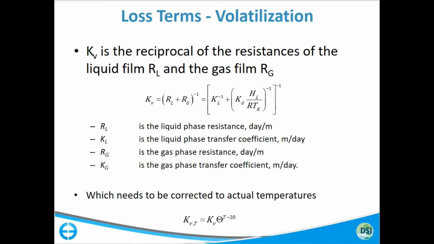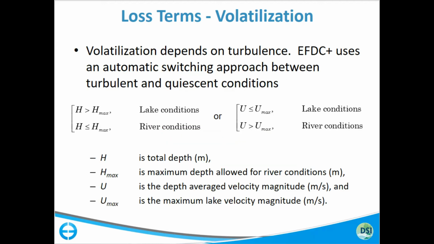Then there's a film on the gas phase and a resistance there. So as the resistances go up, because this is the inverse, your mass transfer rate would go down. And that is equal to this term here, which is your transfer rate across the liquid, and this is your transfer rate across the gas, and then the whole thing is inverse, so that your transfer rates are inversely proportional to your resistances.